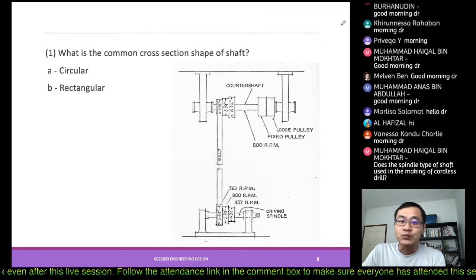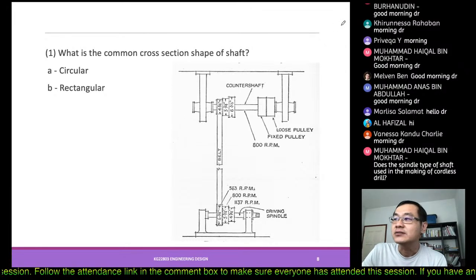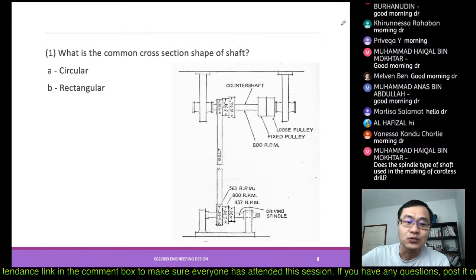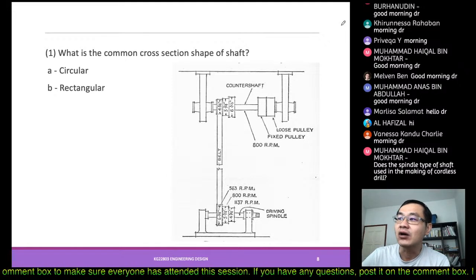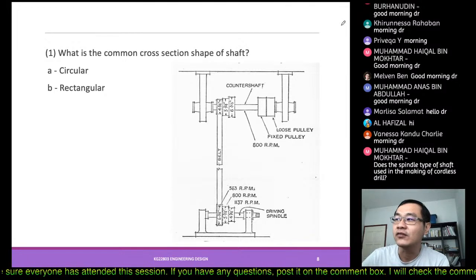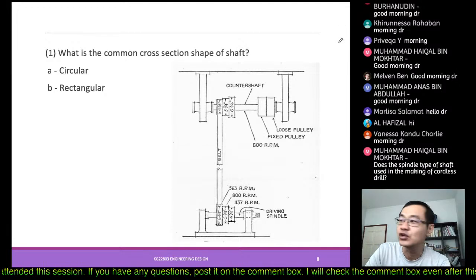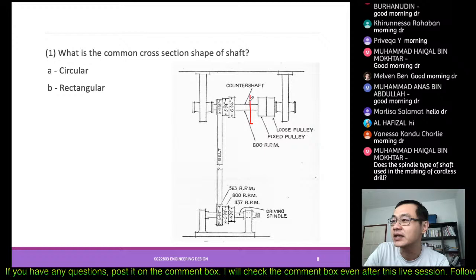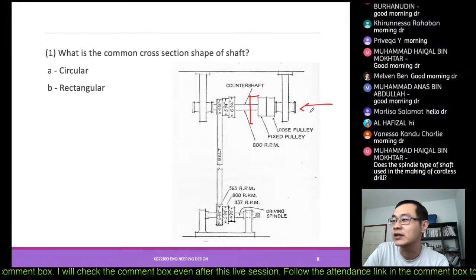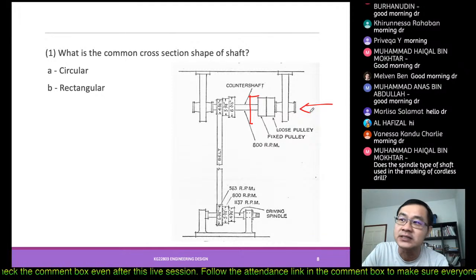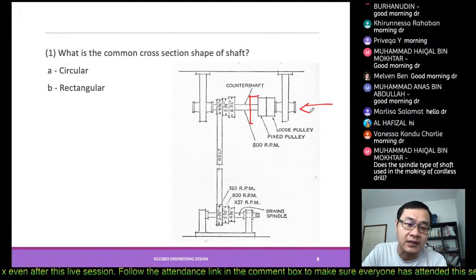Before we move on to the design, just a general quick check: what is the common cross-section shape of a shaft? How would it look if we cut this off? Would the shaft look circular or rectangular?